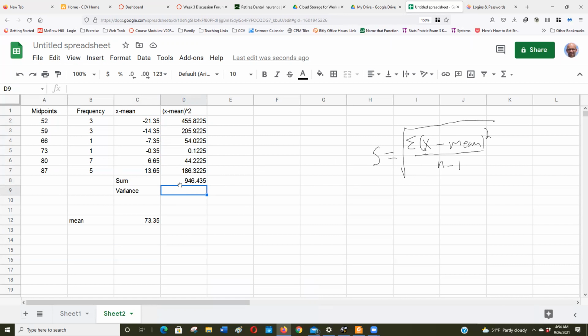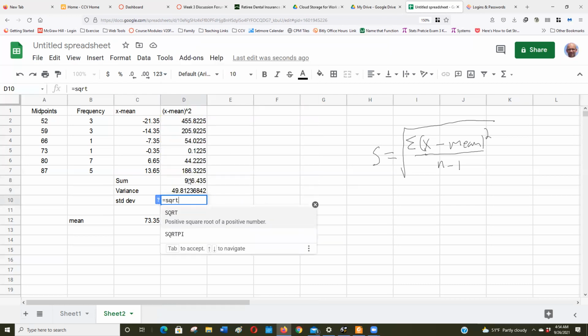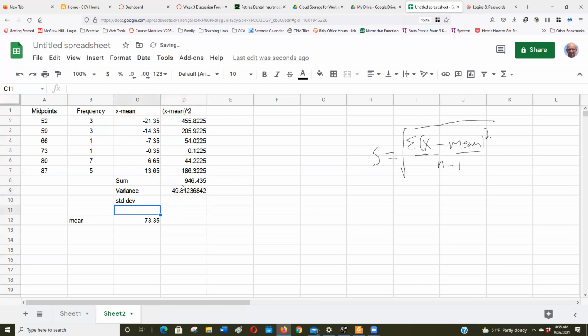So I'm going to do equals, click on that sum, divided by 19. And that's our variance. And then to get the standard deviation, we take the square root. On a spreadsheet, we do equals SQRT, abbreviated for square root, right? And I'll click on that variance number, and that's our standard deviation.